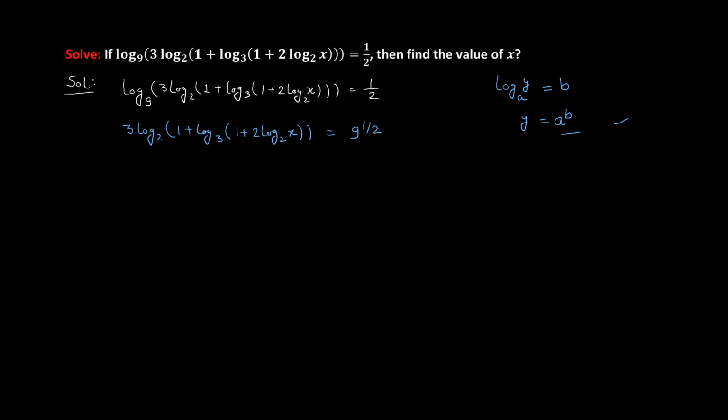Or we can also write it as 1 by 2 times log 9 to the base 9, which becomes 1, so again 1 by 2.